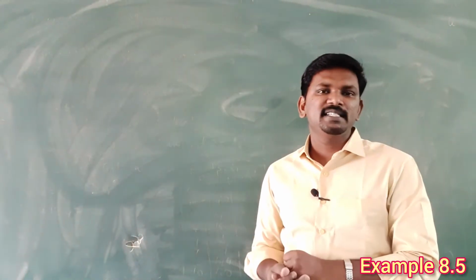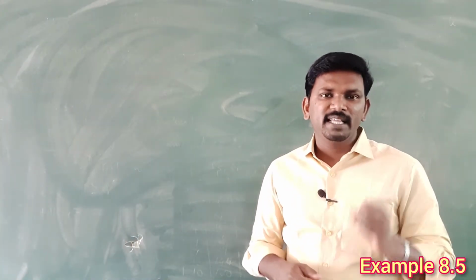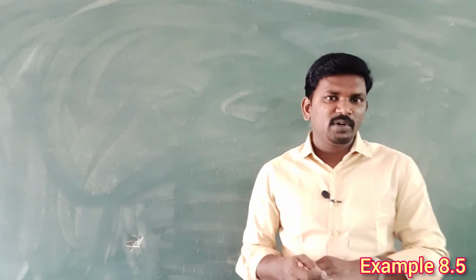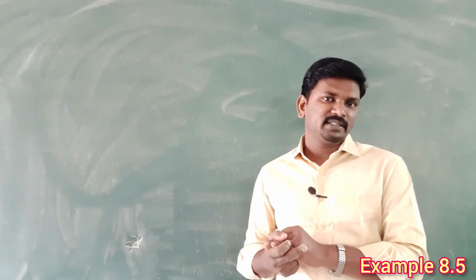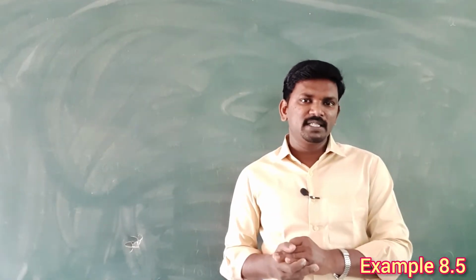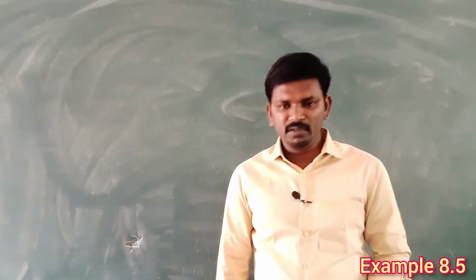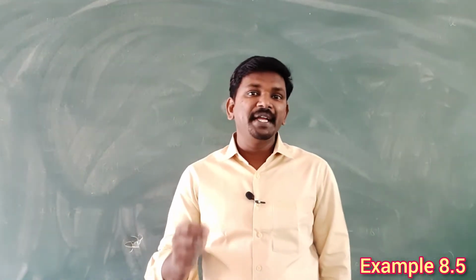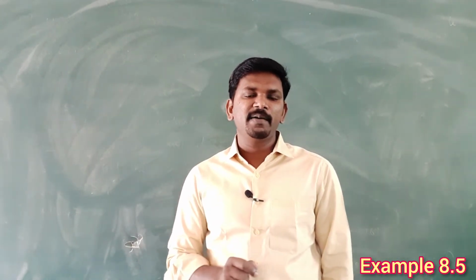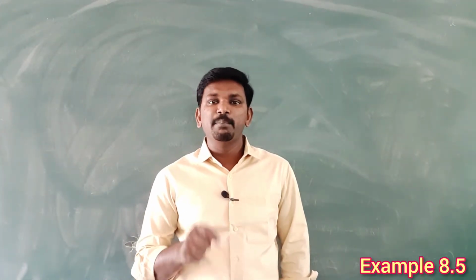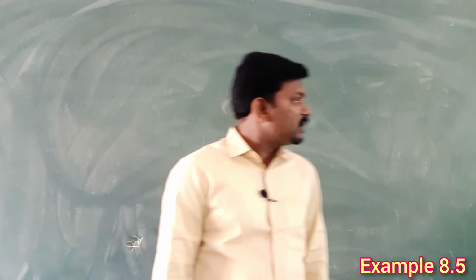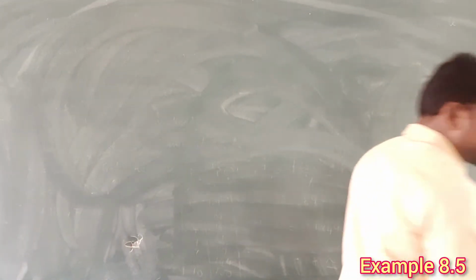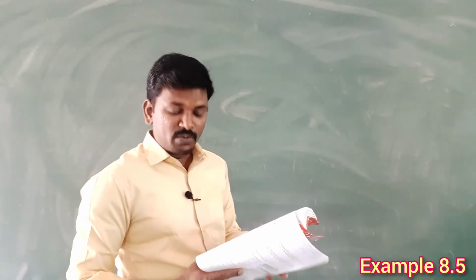The second is the mean method, the third is the assumed mean method, and the fourth is the step deviation method. In this video we are going to discuss how to find the standard deviation of the data using the mean method.